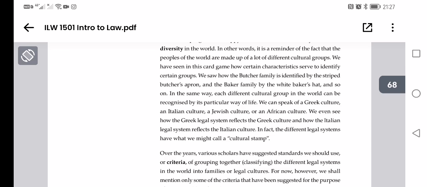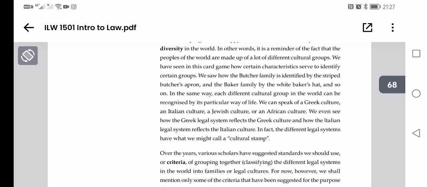We have seen in this card game how certain characteristics serve to identify certain groups. We saw how the butcher family is identified by a striped red apron and the baker family by a white baker's hat, and so on.